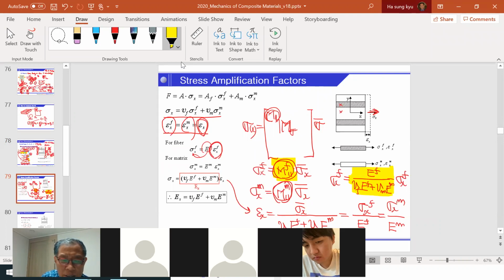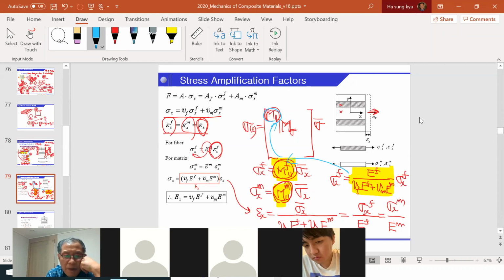You can easily get the same result for the resin. So these are the terms here. Following the same procedure, we can get all the stress amplification factors.